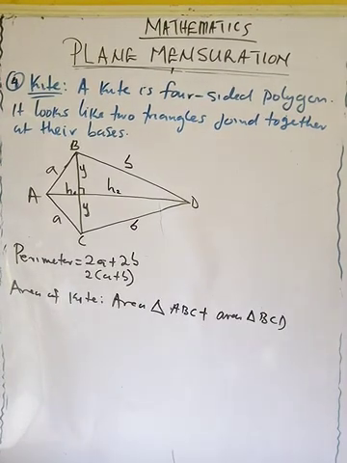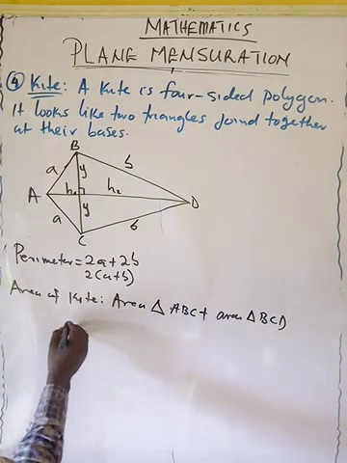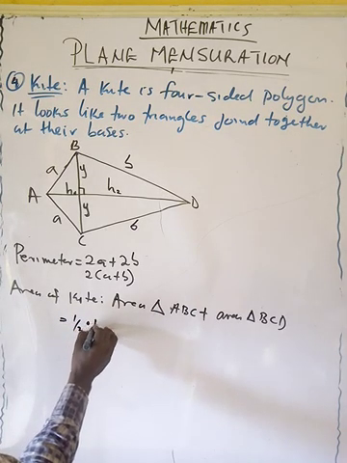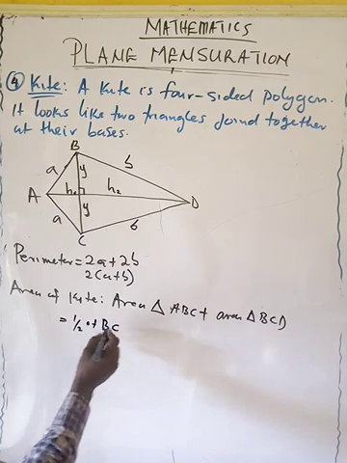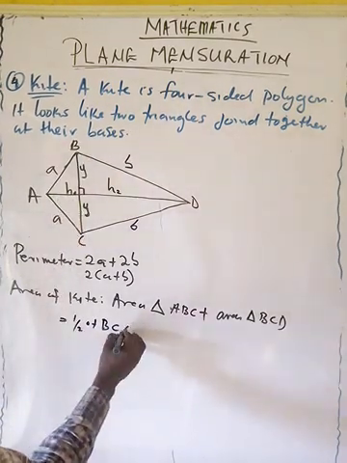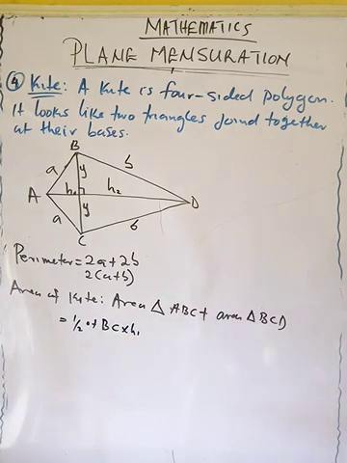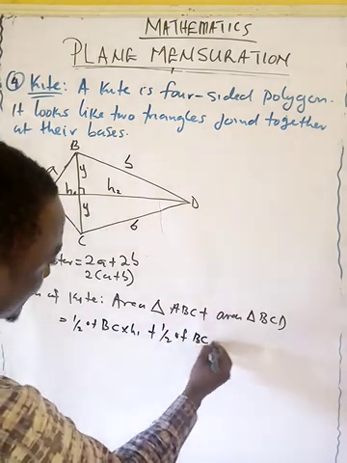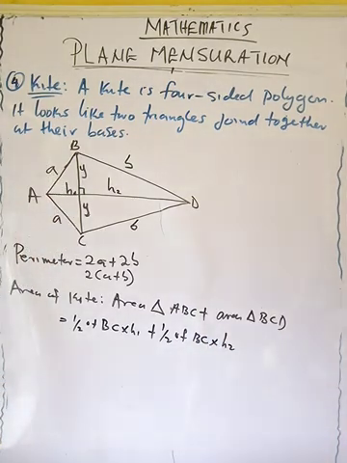Now to do that, it will be half of BC times height 1, plus half of BC times height 2.